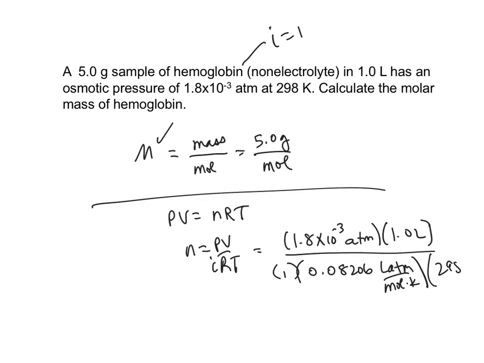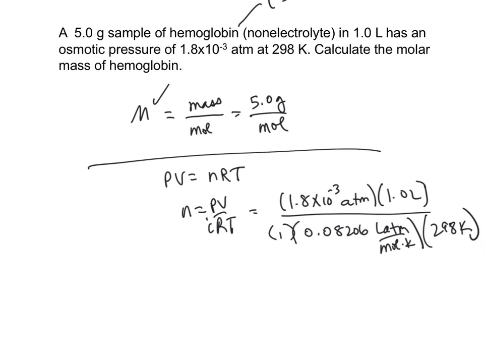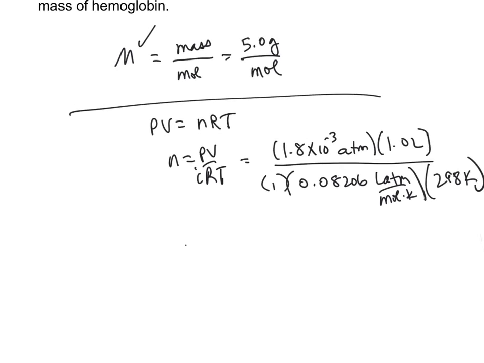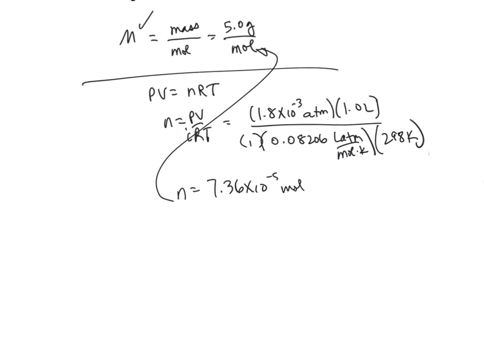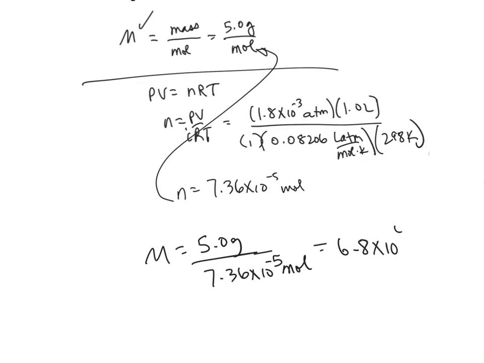And then 298 Kelvin will give the moles. So n is 7.36 times 10 to the minus 5 moles. So you got it, and now you just plug it in right there for molar mass. And molar mass will be 5 grams divided by 7.36 times 10 to the minus 5 moles, and this is 6.8 times 10 to the 4th grams per mole.